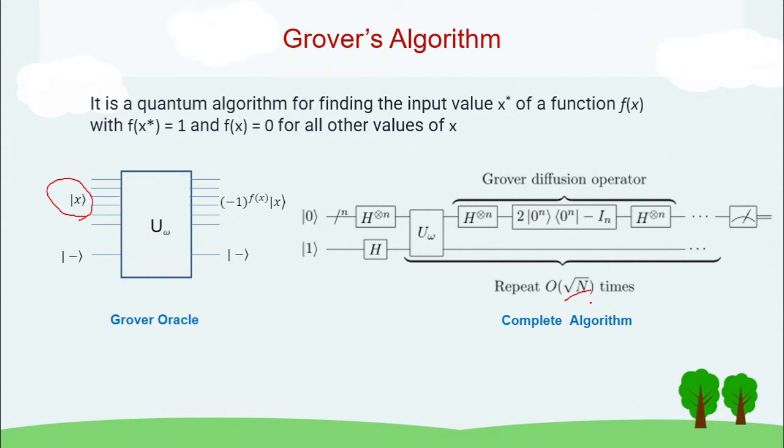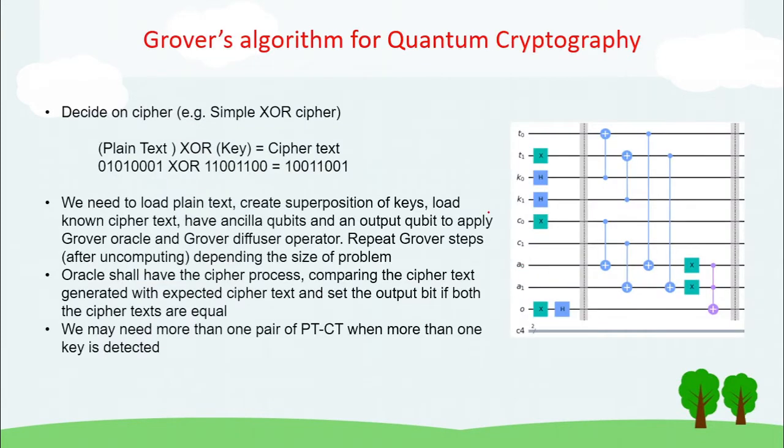Right? So now we know what is Grover's algorithm. We know a little bit of cryptography. Let's try to implement Grover's algorithm for quantum cryptography. So first we need to decide which cipher we are going to work on, because for that cipher we need to create quantum gates.